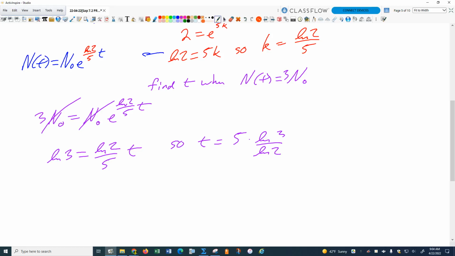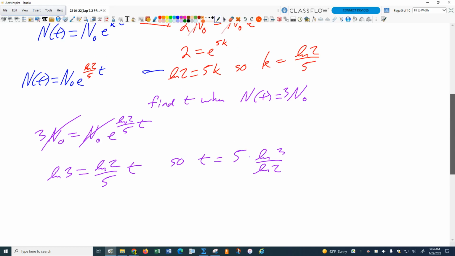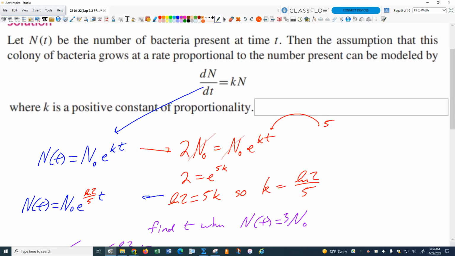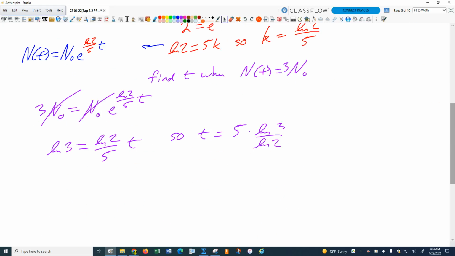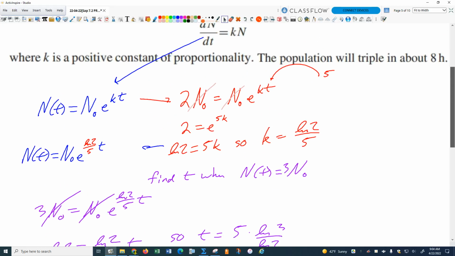And log 3 over log 2, I don't know what that is exactly, can't remember, 7 or 8 or something like that. If you do it as a decimal, evidently it's roughly 8 hours.